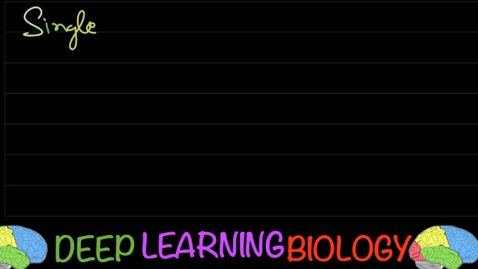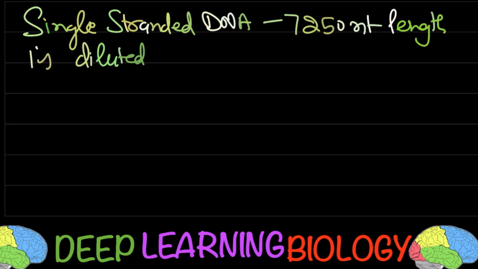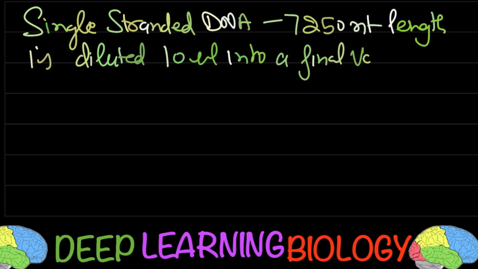Single stranded DNA of length 7250 nucleotide is diluted, 10 microliter into a final volume of 1000 microliter.